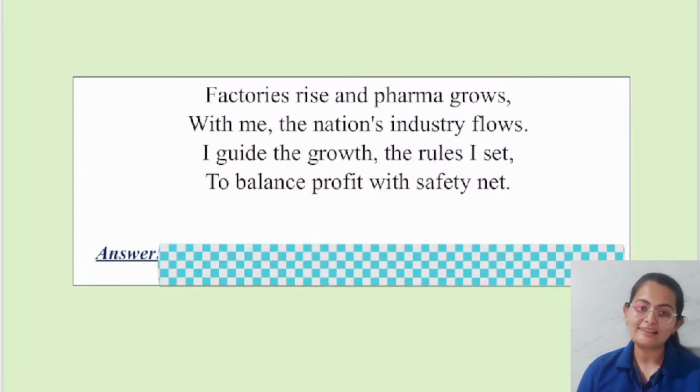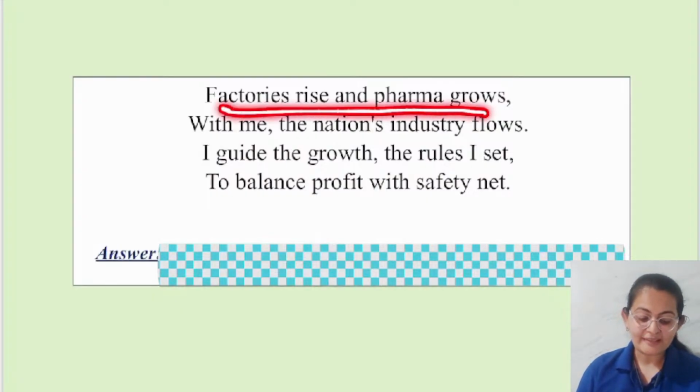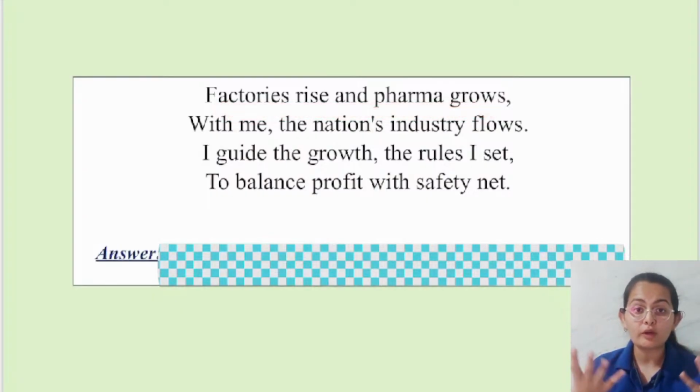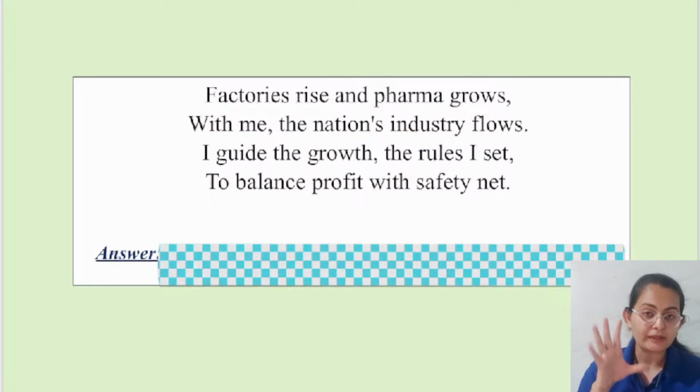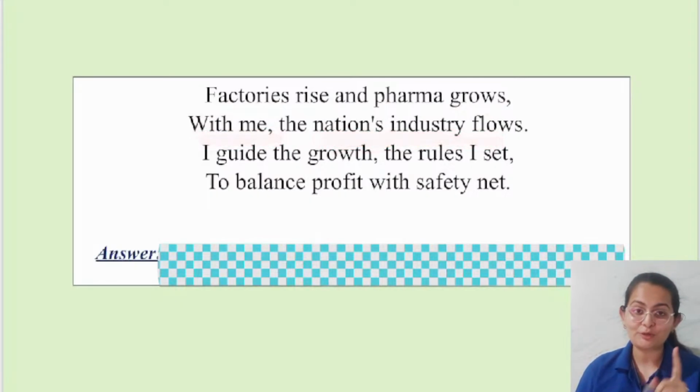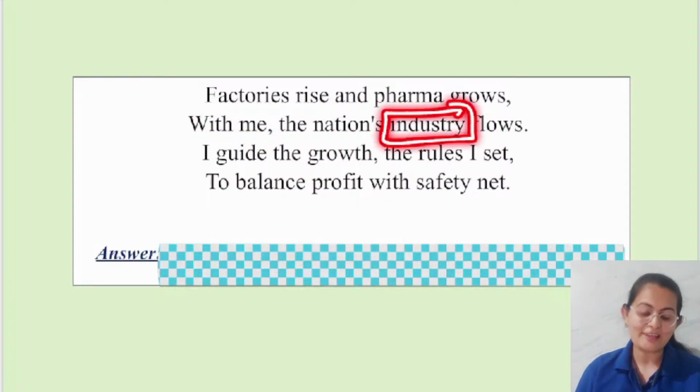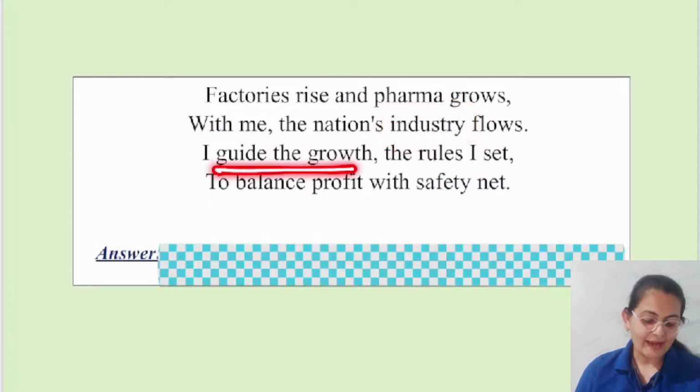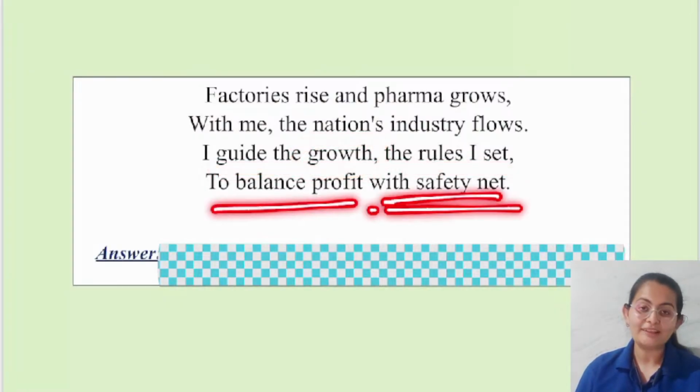But still, if you can, you can try at least. Factories rise and pharma grows. It is talking about the overall nation, from the Indian manufacturing perspective. With me, the nation's industries grow. Here is the keyword. Next is I guide the growth, the rules I set to balance the profit with safety net.